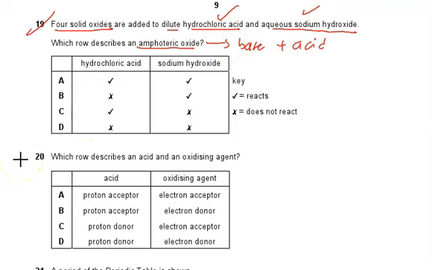So your best answer here will be A, because they can react with hydrochloric acid, at the same time they can react with sodium hydroxide. Okay, for 20, which row describes an acid and oxidizing agent? Okay, remember acid, it is a proton donor.